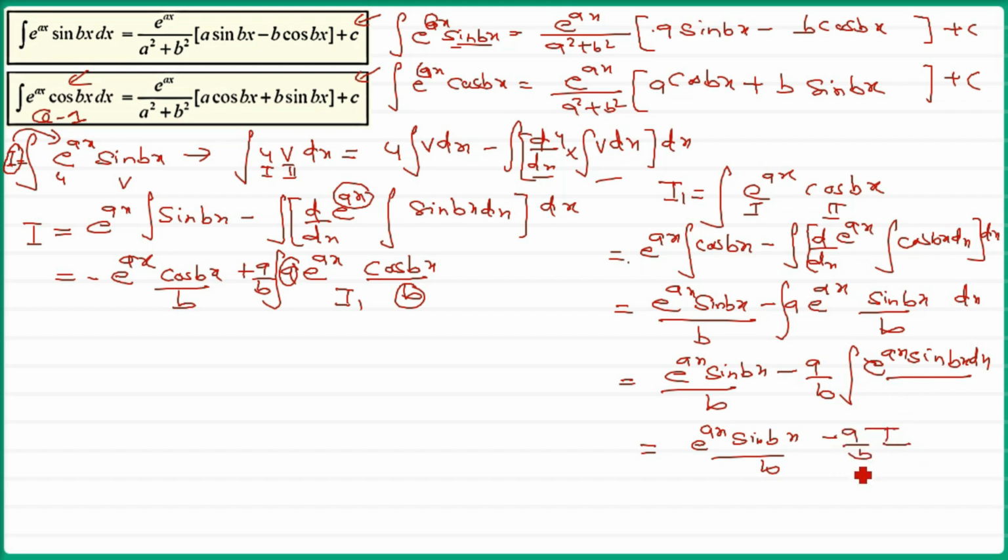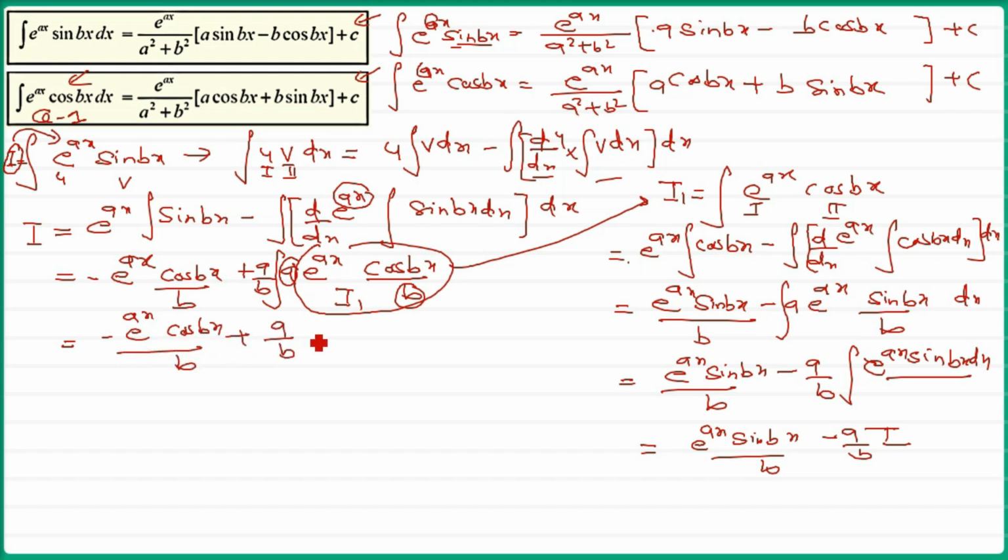Alright. So this I1 I told you. So we started with this one, I1. And we came to this one, that is I1 is equal to this expression which you see on the right. So let's proceed the initial one, negative e^(ax) cos bx by b plus a by b. Now I am bringing this in, which I just called as I1 at my discretion.